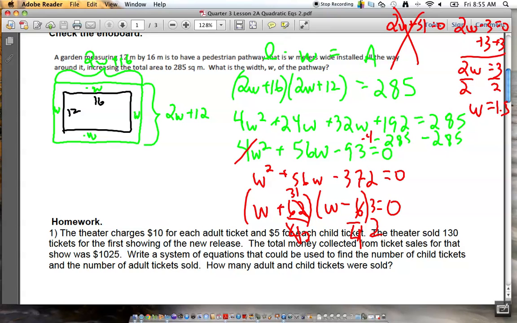Because 62 over 4 reduces to 31 over 2, there's still a 2 there. Let's go back and make sure everything makes sense. 1.5 all the way around, and I'm going to get 15 times 19, which gets me there.